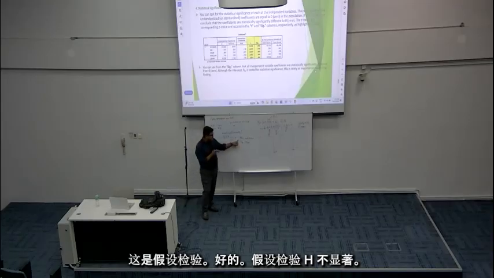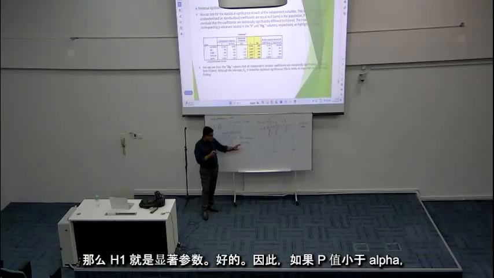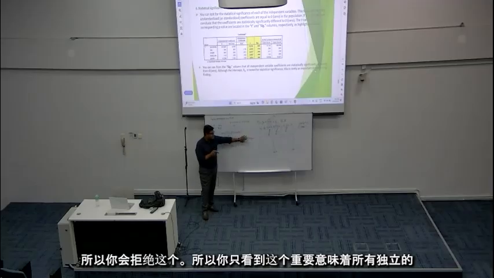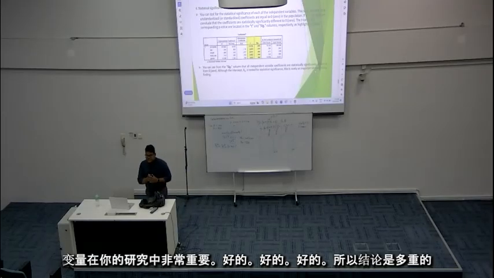Hypothesis testing, H null is not significant. There is no significant correlation, there are no significant parameters and so on. And then H1 is the significant parameters. So if the P value is less than alpha, you will reject this one. So you only see this significance, which means that all the independent variables are very significant in your study.